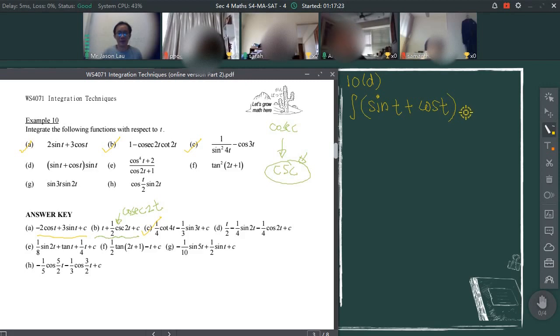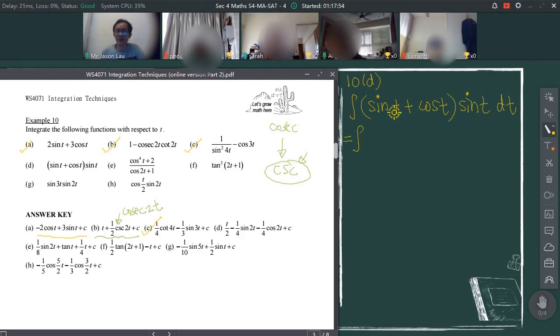Is sine t plus cosine t multiplied with the sum multiplied to sine t. Yeah. Then okay, what to do with this question like this? This question is the beginning of, I would say, the level 2 questions, whereby you need to do some workout with the brain.